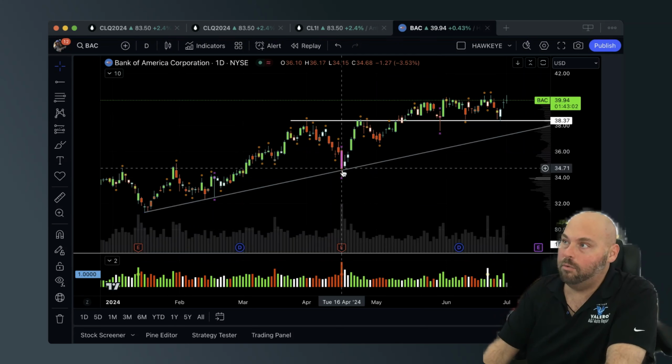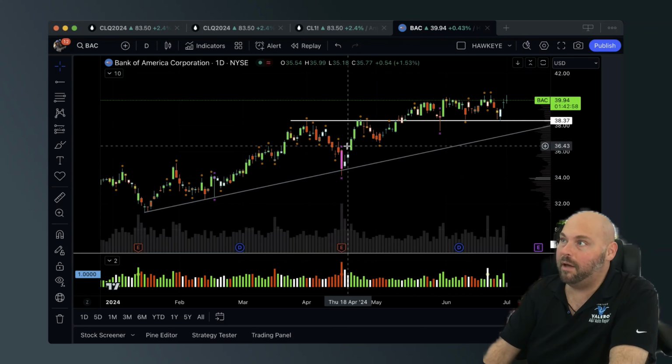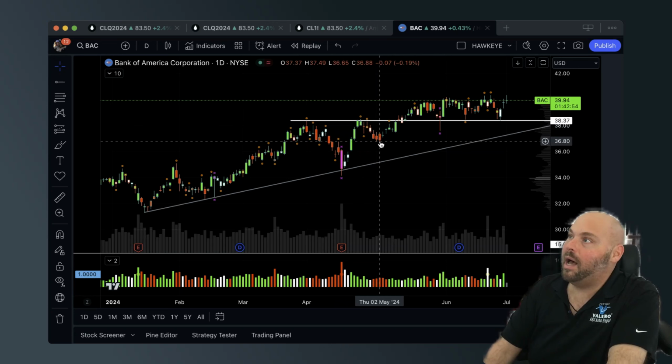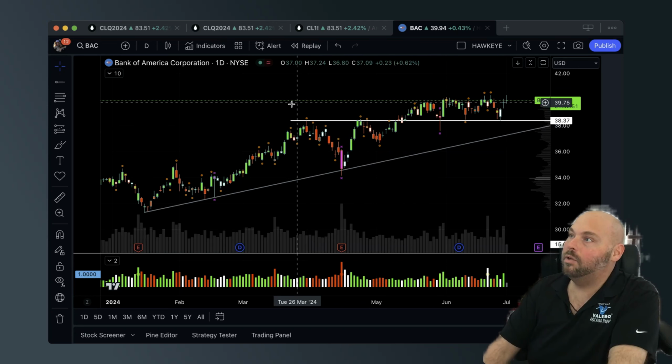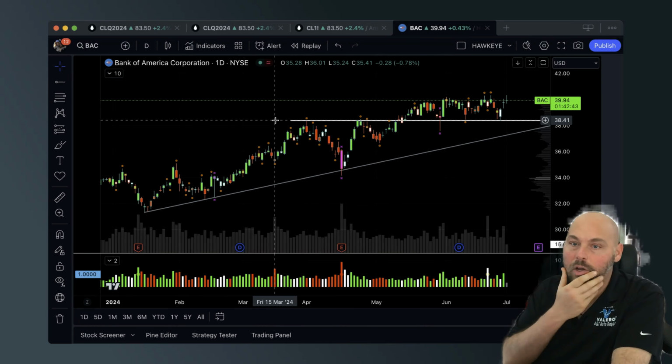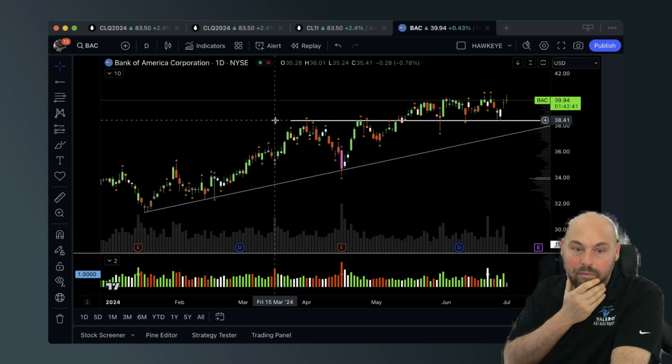You get a volume climax into that support. You get an immediate failure and reversal for the market to retest the high, place a higher low, and go on to breaking this short-term double top. Guys, to me, this is super meaningful. If you do not have a full understanding of volume and price action, it is imperative that you do.